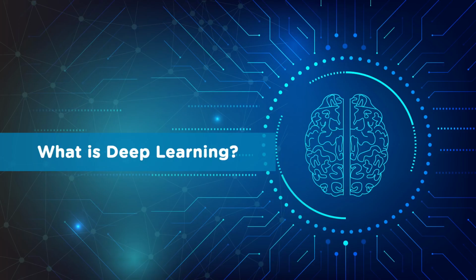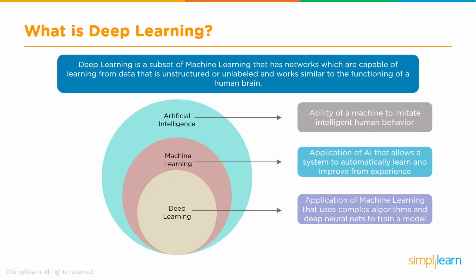So let's get started. What is deep learning? Deep learning is a subset of a high-level concept called artificial intelligence. You must have heard this term, artificial intelligence. It is like the high-level concept, if you will. And in order to implement artificial intelligence applications, we use what is known as machine learning.